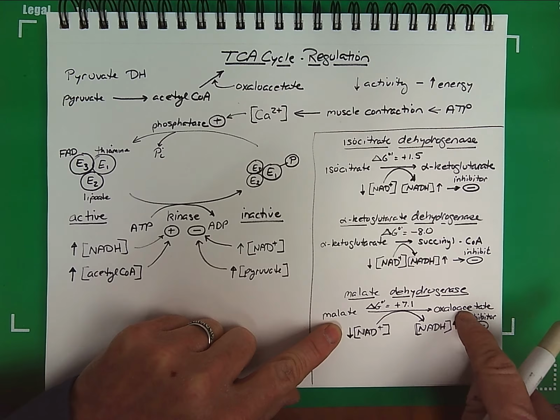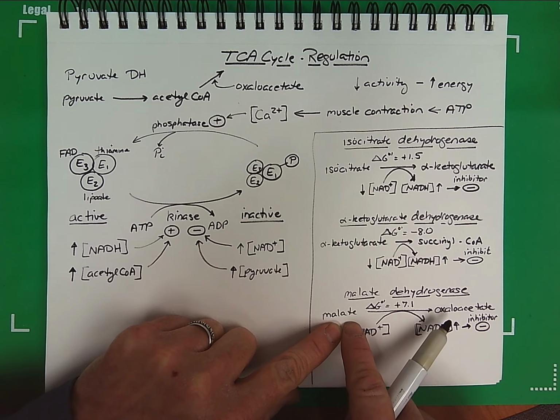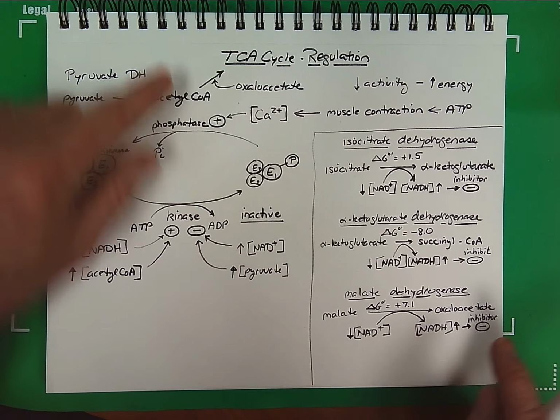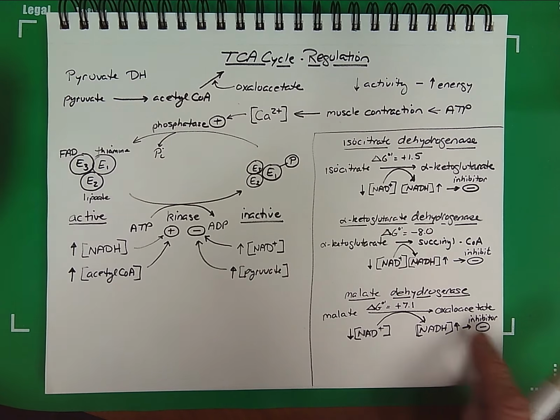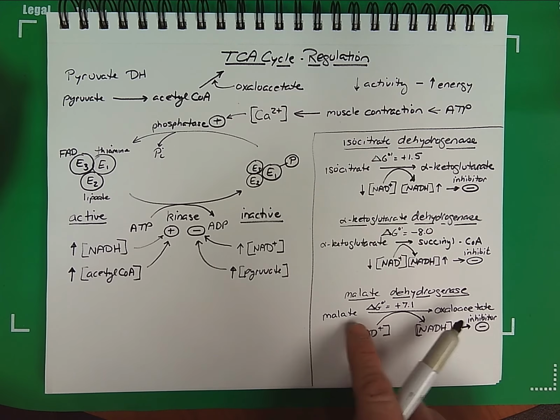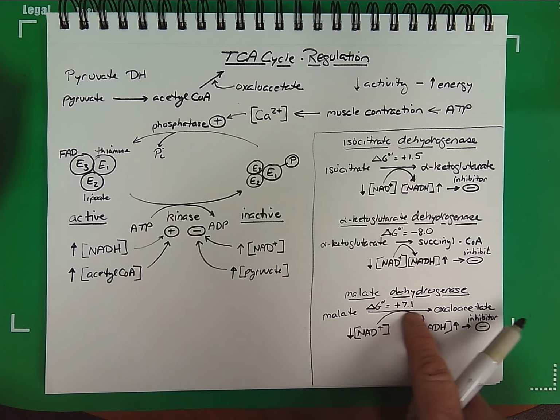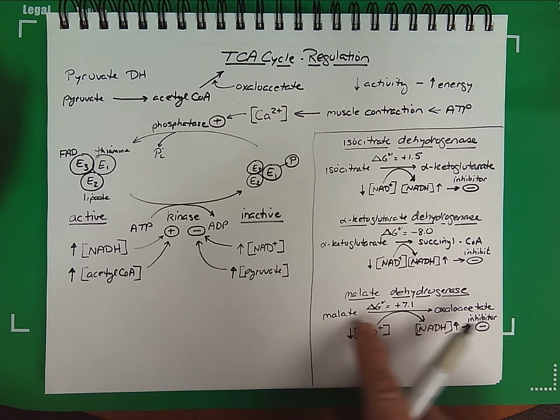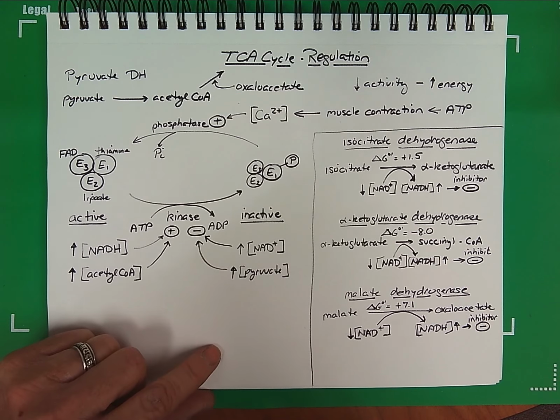So the tendency of this enzyme is to want to go backwards. But if we go backwards on this reaction, we cannot progress through the TCA cycle. We cannot come back to oxaloacetate to begin another round of the cycle. So this reaction, in spite of this high standard free energy change, needs to move in this direction.